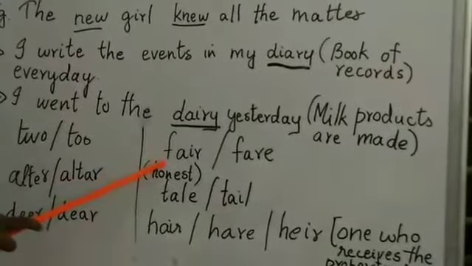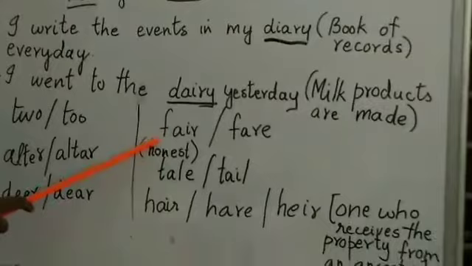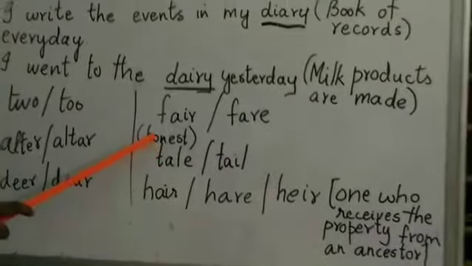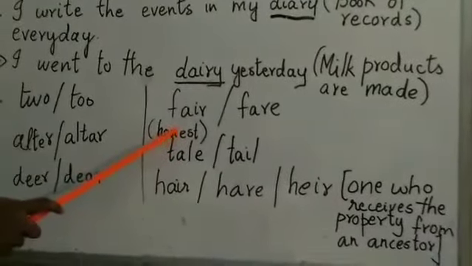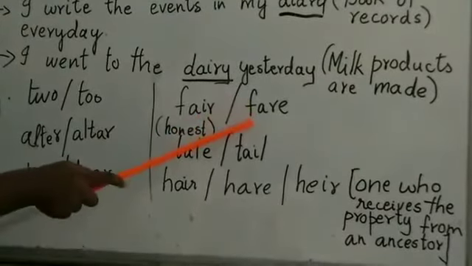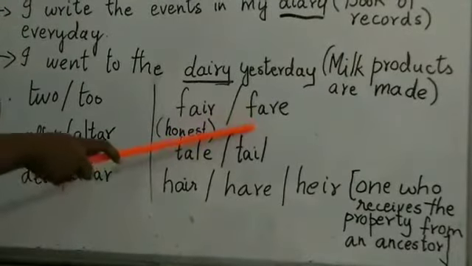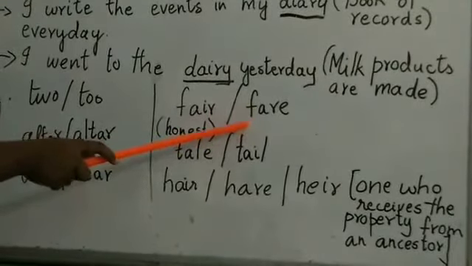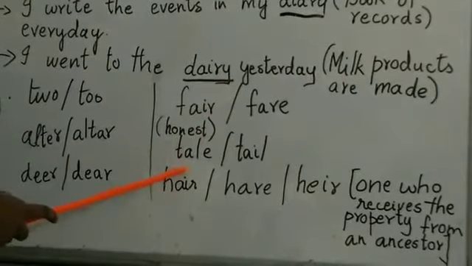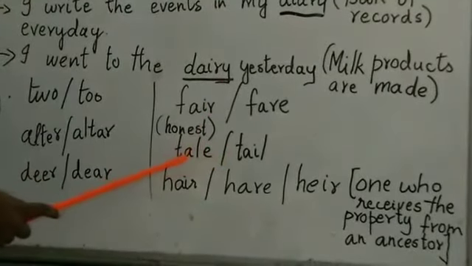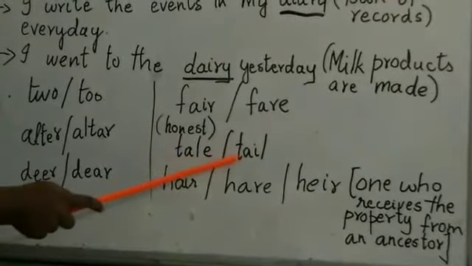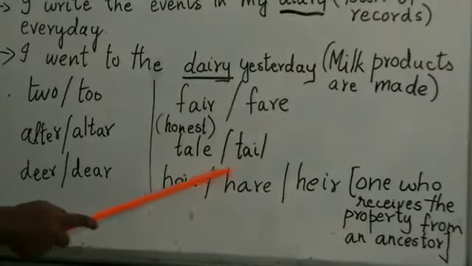Coming to the next, fair. Fair here means honest, acting in an honest and honorable manner. Then the other fare, train fare, money charged for a journey, bus fare, train fare, okay. Moving on to the next, tale. So, tale means story. Tail means that part of the animals. Then hair.